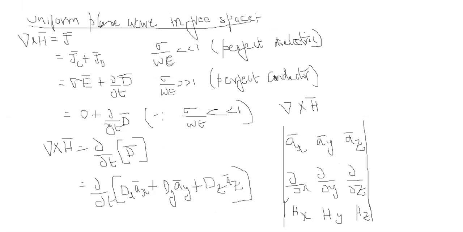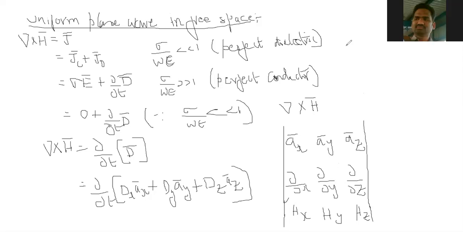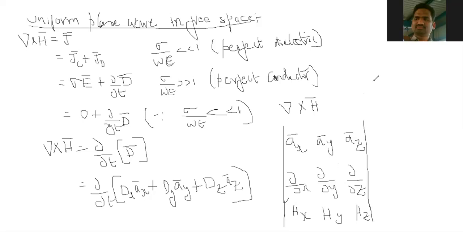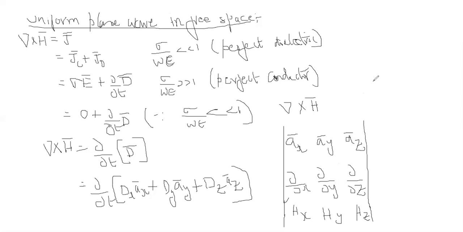On the left hand side, del cross H bar is equal to a_x bar into dou H_z by dou y minus dou H_y by dou z, and for the minus a_y term we can cancel the lines horizontally and vertically and multiply dou H_z by dou x minus dou H_x by dou z.